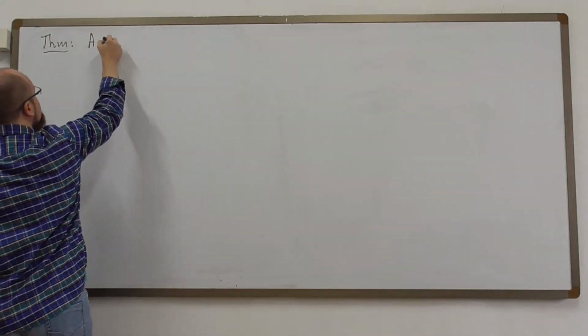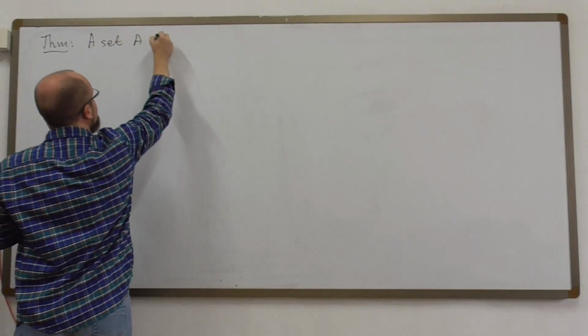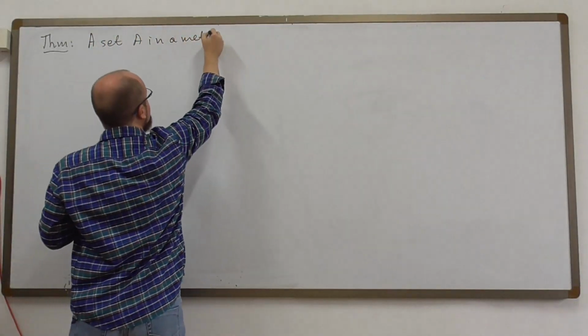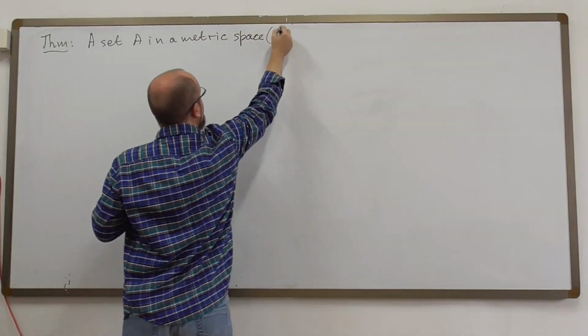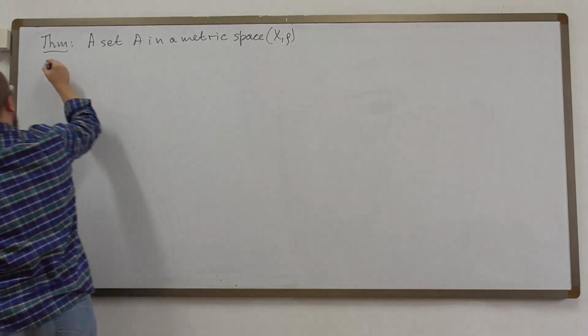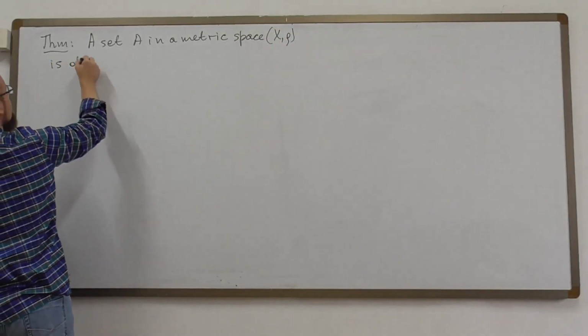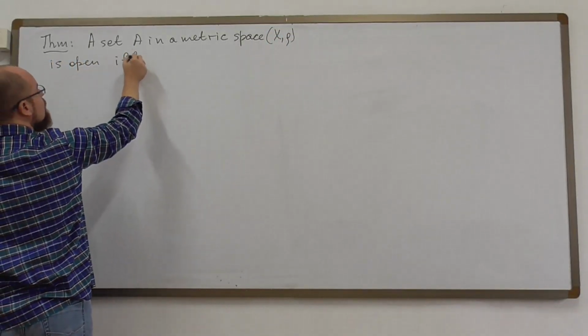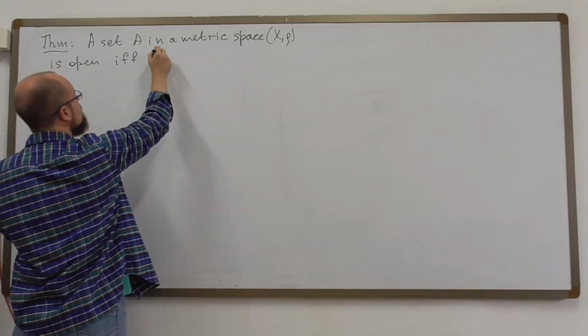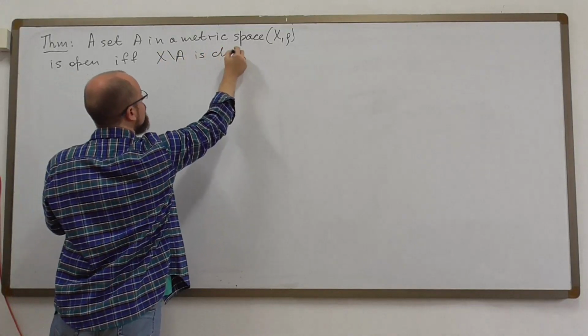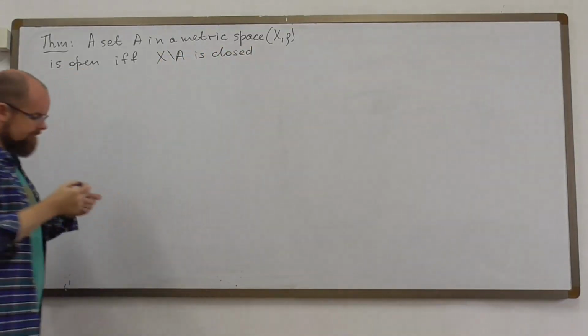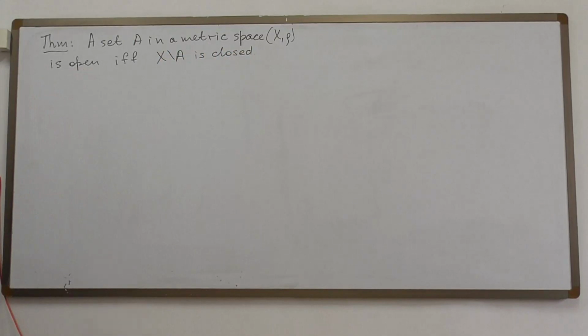A set A in a metric space X is open if and only if its complement in X is closed. So the set is open if and only if its complement is closed. Let's prove it.